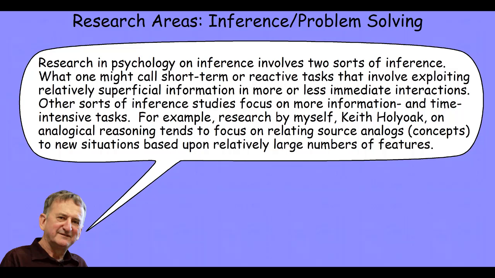Analogical reasoning on this view works by identifying source analogs that share a number of important properties with the target that you're trying to solve the problem about, and then making an inference, an analogical inference about how many other properties had by our source analog are also had by the target analog, and thereby solving the problem.